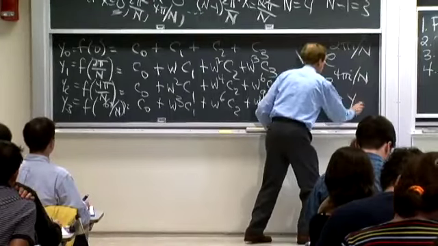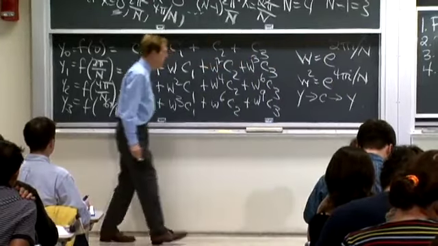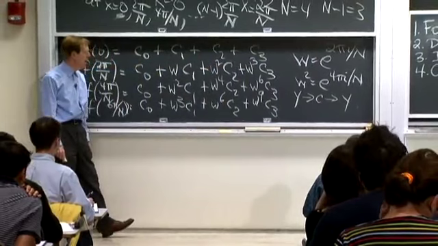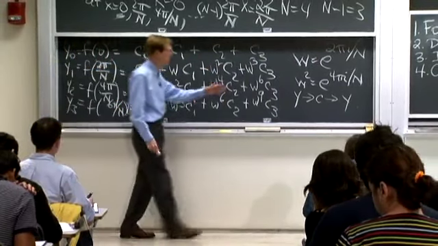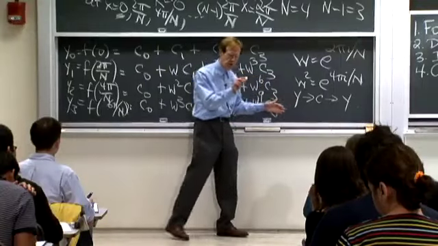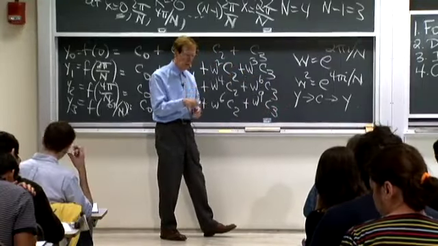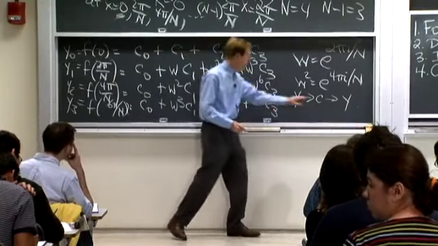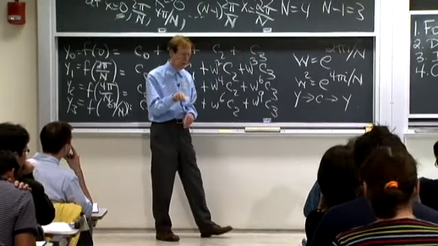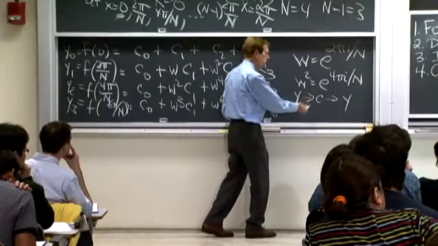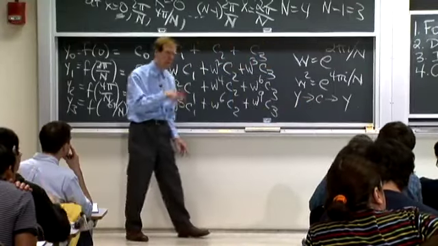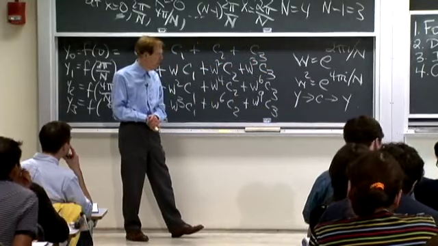It connects a vector and all these guys. This is n function values in physical space. These are n coefficients in frequency space. And one way is the discrete Fourier transform, and the other way is the inverse discrete Fourier transform.